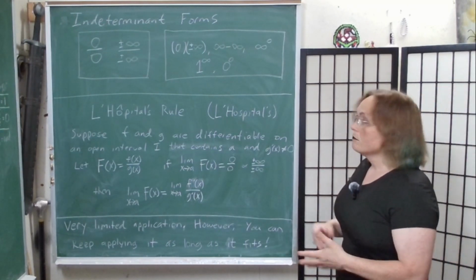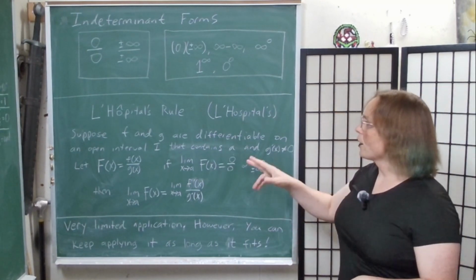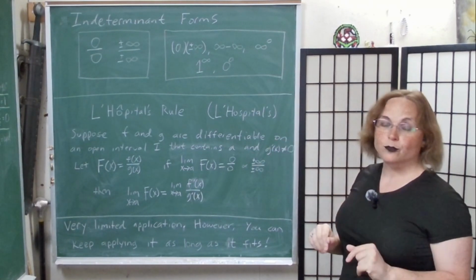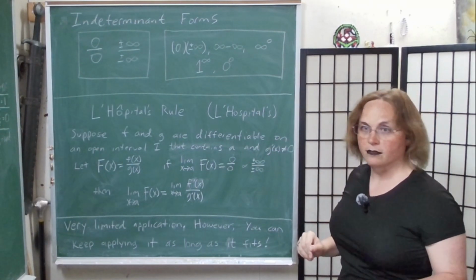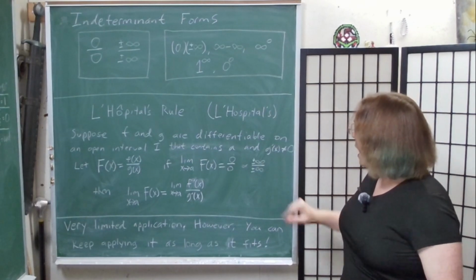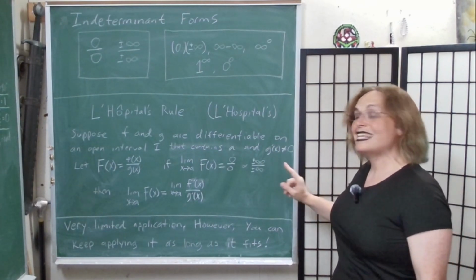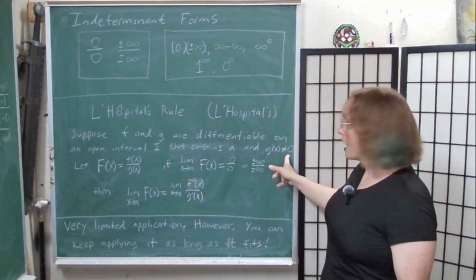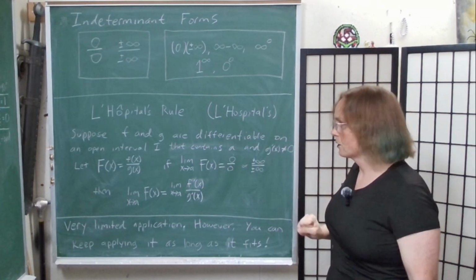Now, here's L'Hopital's rule. Suppose that f and g are functions that are differentiable on an open interval I that contains the value a. They don't have to be differentiable at a, just like our normal limit definition. And that the derivative of the function g of x is not equal to 0. That's important. Okay?